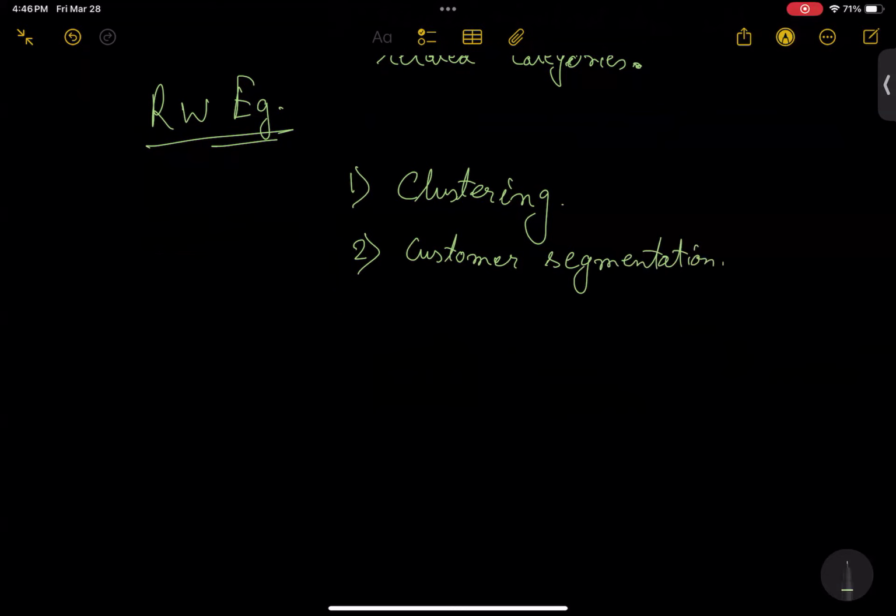You divide the whole customer pool into segments, applying a clustering methodology to your customers to identify their patterns.